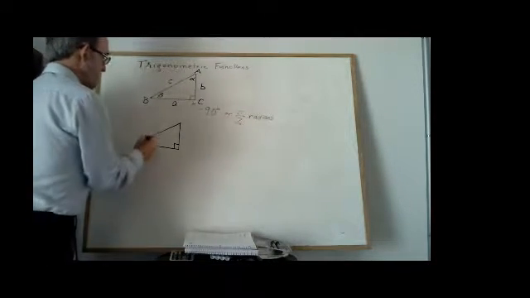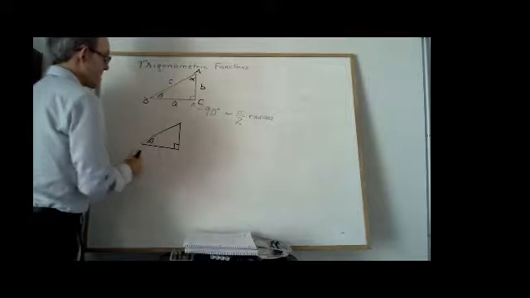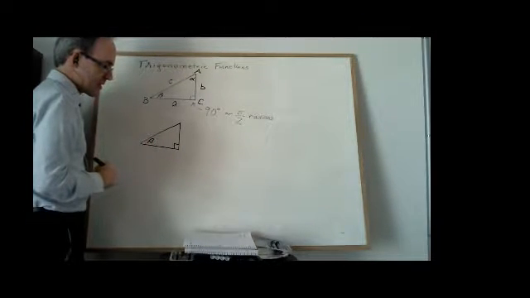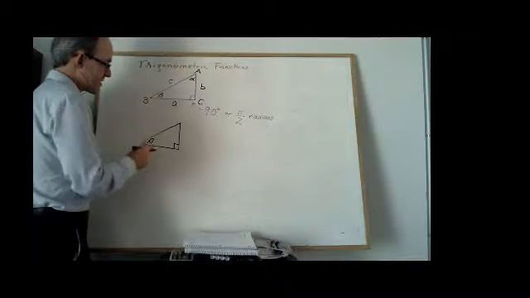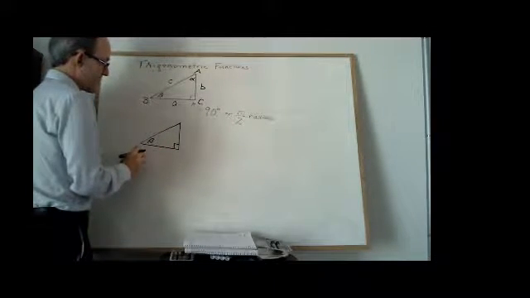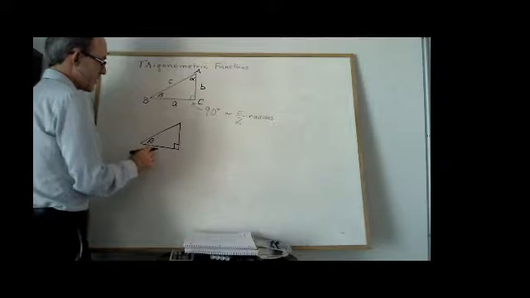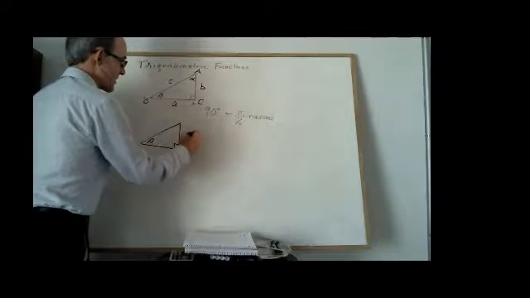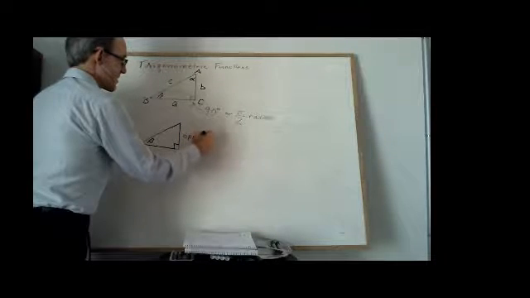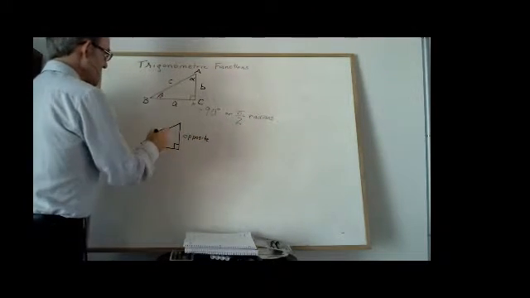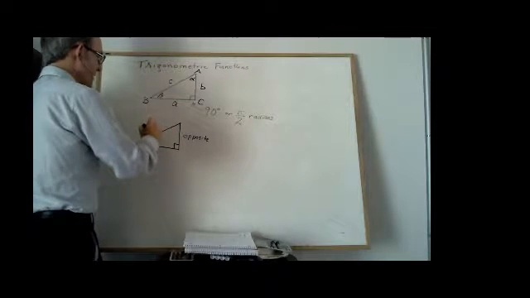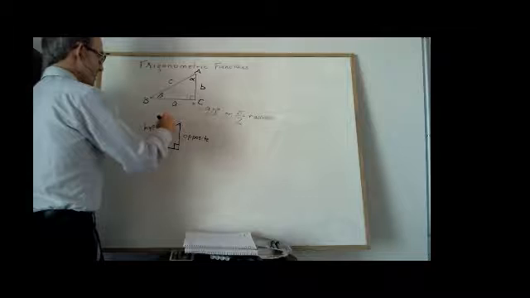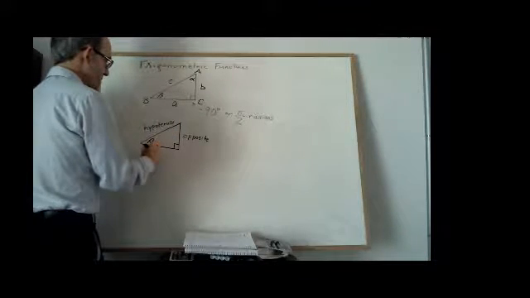So I start with beta, and from the perspective of beta, I want to label these sides according to whether they touch beta or whether they don't touch beta. If it doesn't touch beta, then it's called the opposite side. So this side is called the opposite side. If it does touch, then it's either the longest side, which is called the hypotenuse, or simply the adjacent side.